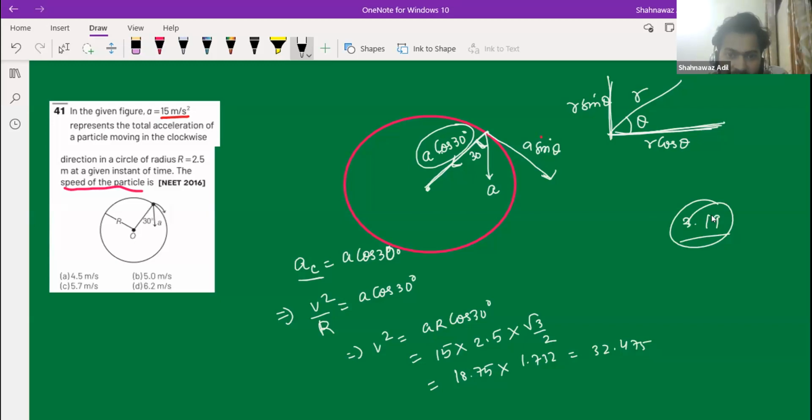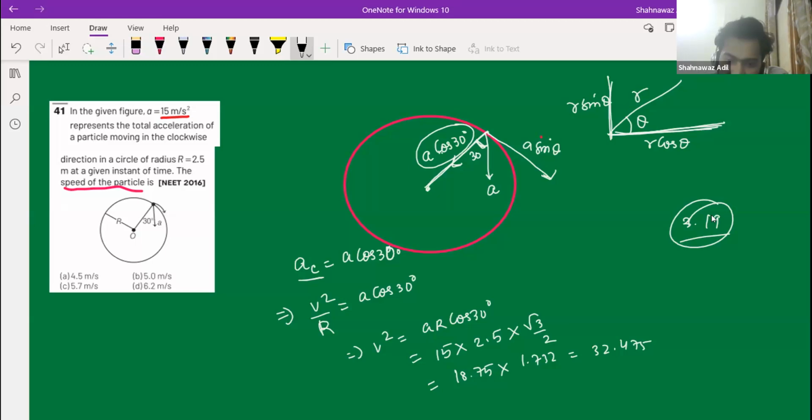Okay, let's check the answer then. This represents the total acceleration of the particle. This is 30, so this component is A cos 30. A cos 30 is V square by R, so V square is R A. R is 2.5 and this is 15.